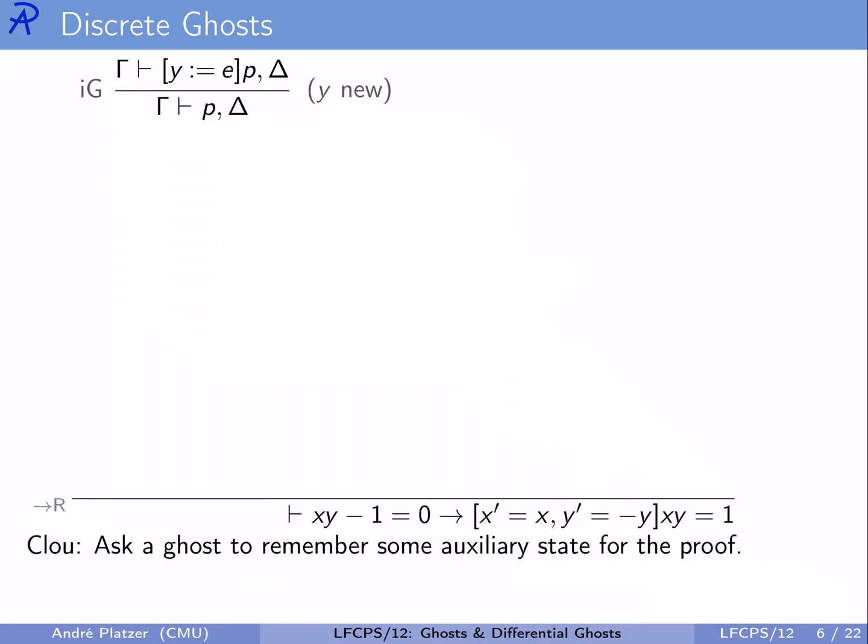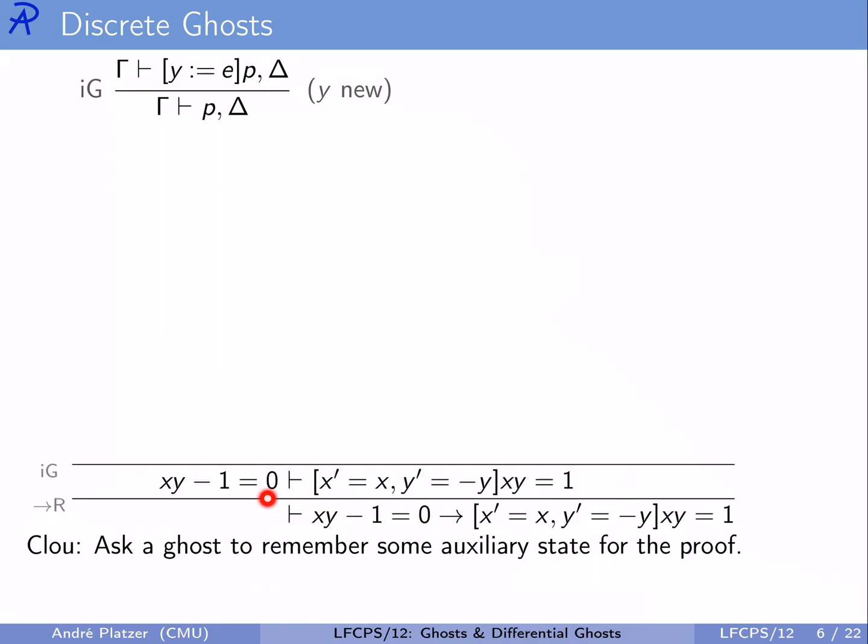So instead, let me use the implies right proof rule to push the assumption on the stack, and then introduce a ghost. The quantity that I'm excited about is the product x times y. So how about we do this proof not by worrying about whether xy equals 1 all the time directly, but instead by relating how the value of xy changes over time.